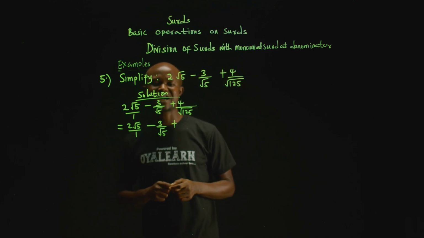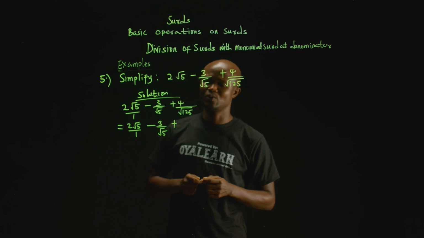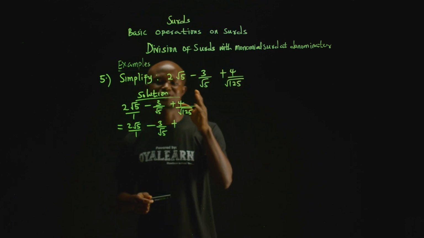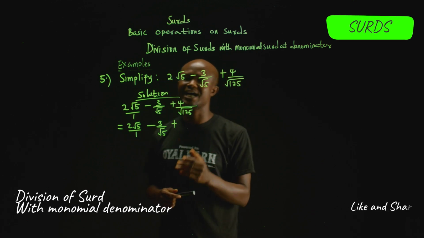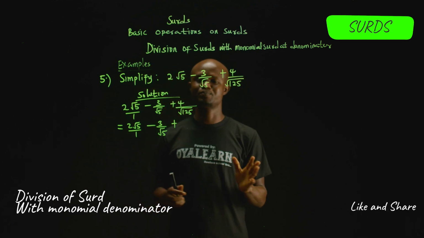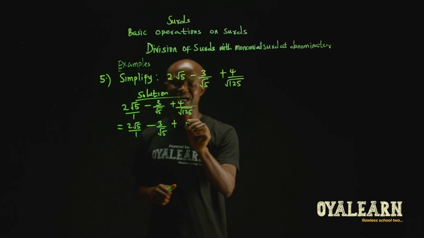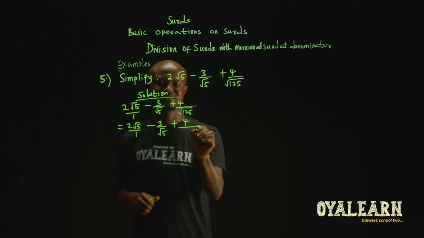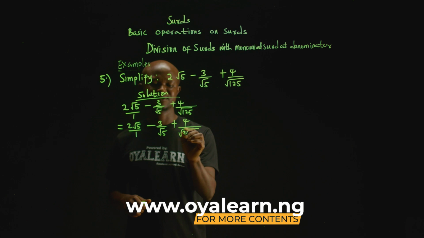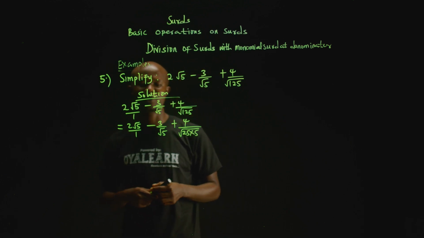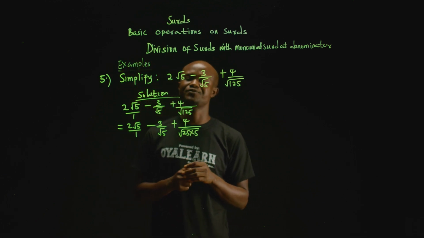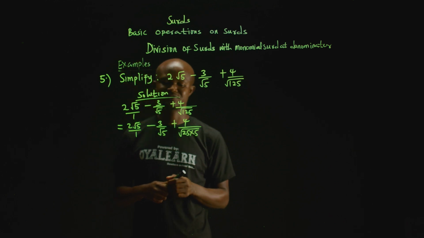Now 125, we can split to have a perfect square and a non-perfect square number as a product. Now we have 4 divided by root 25 times 5, because the highest perfect square number we can have from 125 is 25.